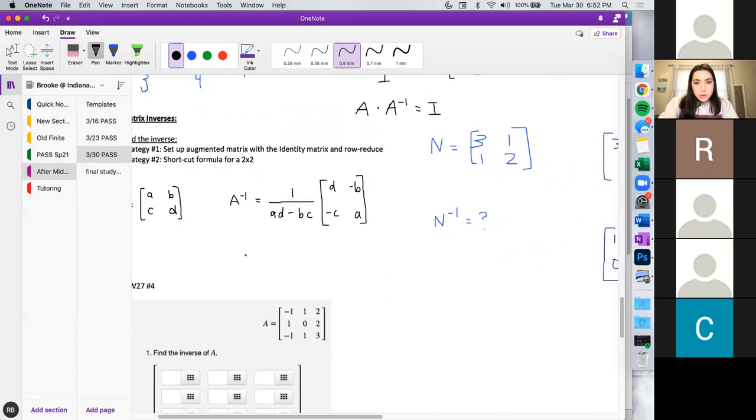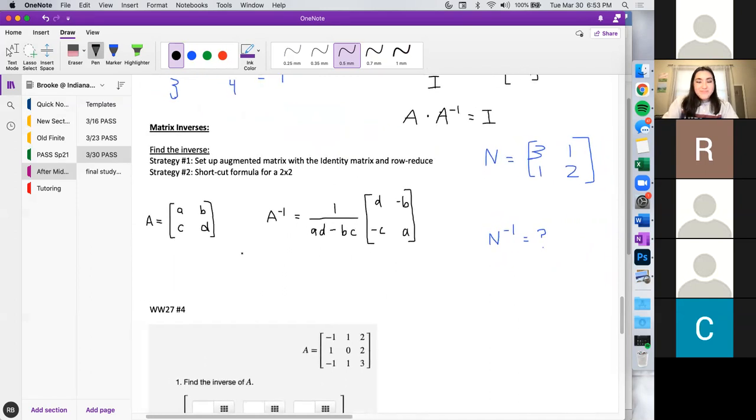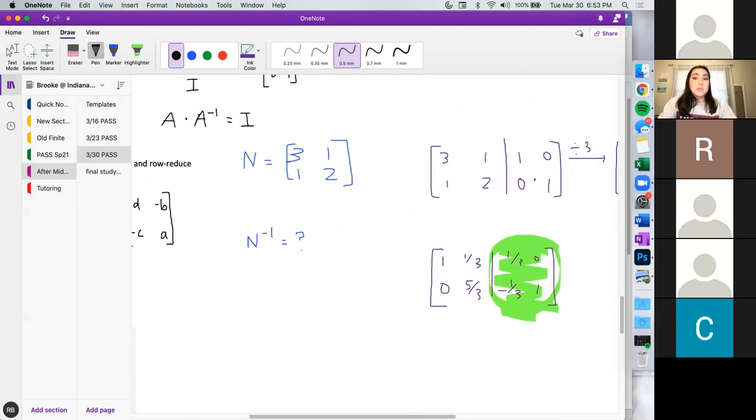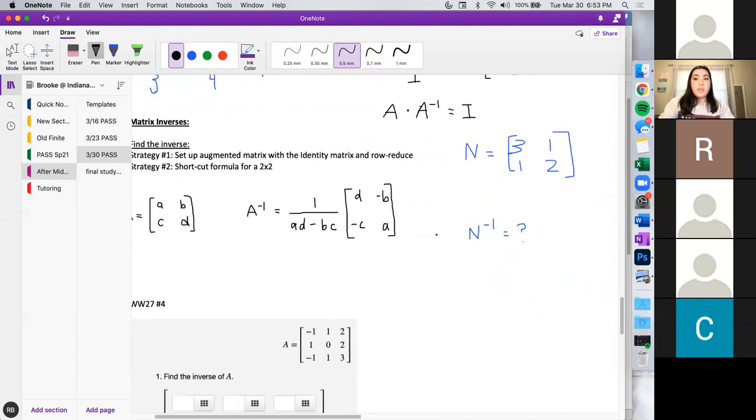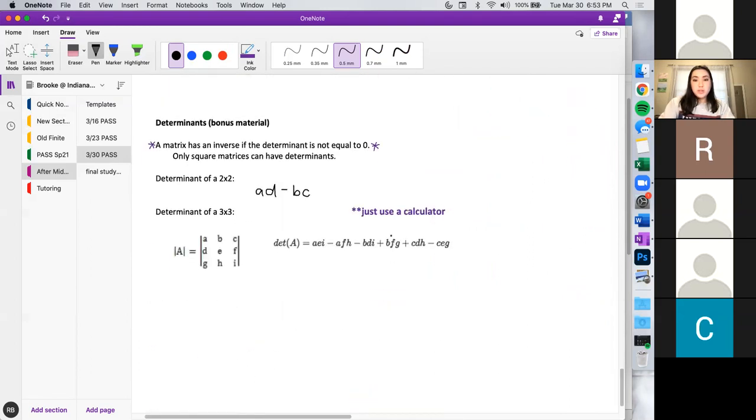Okay, and so does the shortcut exist for any other size matrices or no? They exist. They're just real beefy and not honestly a time saver. If you had to find the inverse of a 3x3 and you weren't able to use a calculator, then I would honestly row reduce. The equation for that includes this.